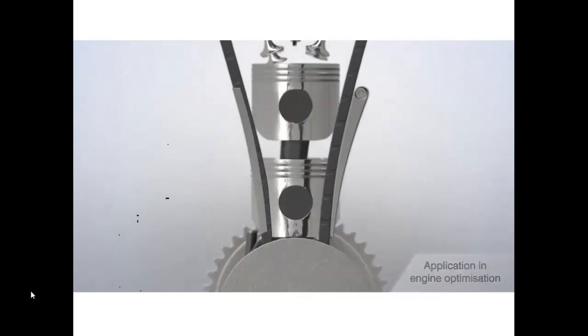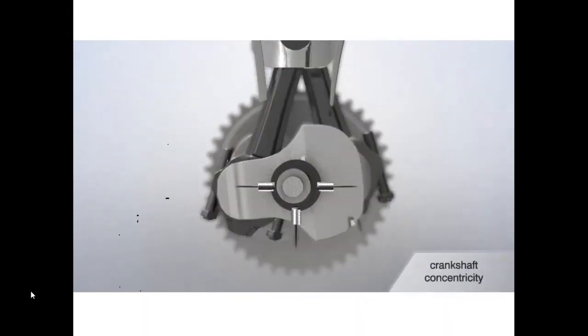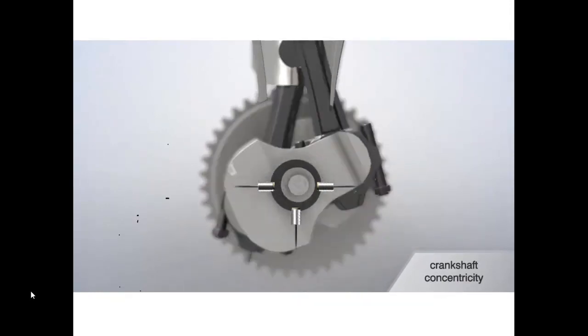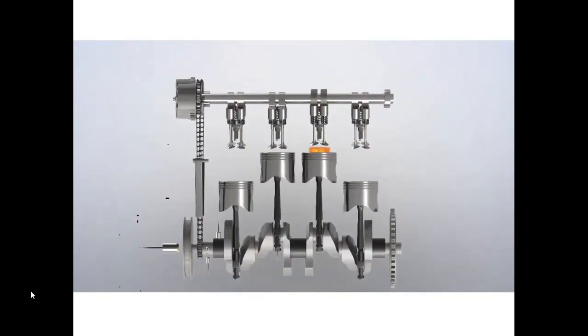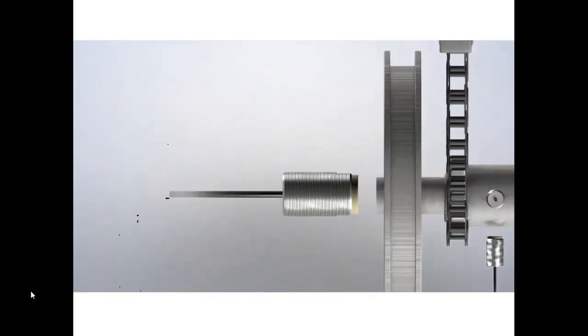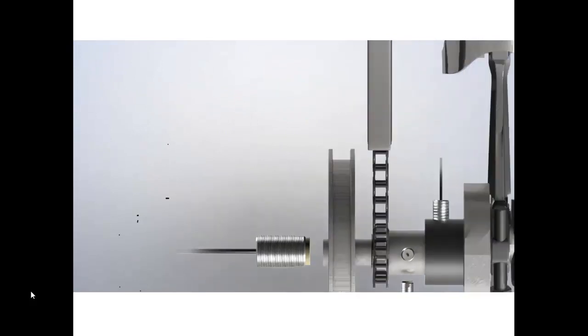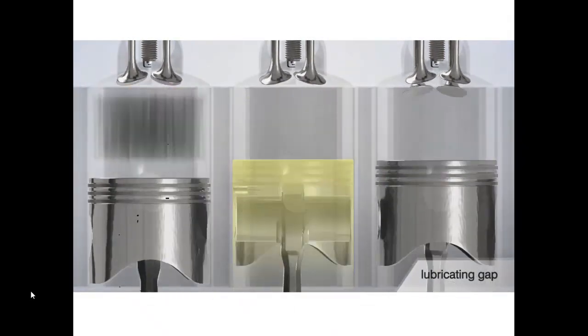Even the variable reluctance could be used here, but this is a case of an eddy current sensor. You can have 3 eddy current sensors, and if the crankshaft concentricity is different, it can also be picked up. Even the actual movement of the crankshaft can be picked up for optimization or for creating better designs.